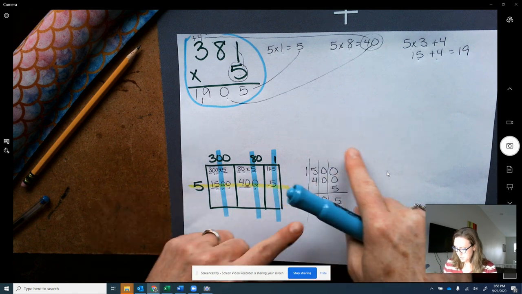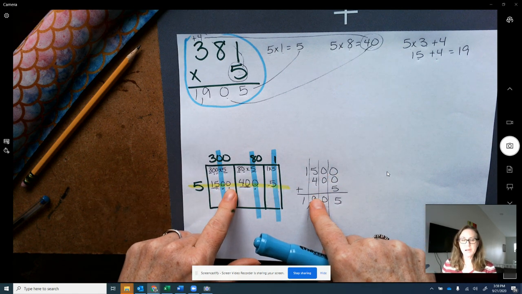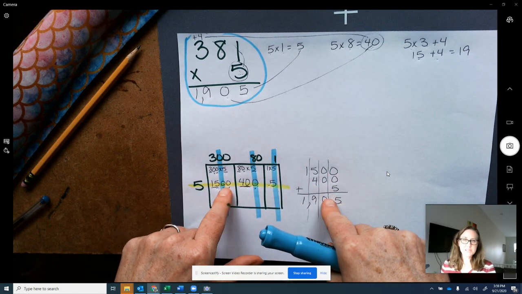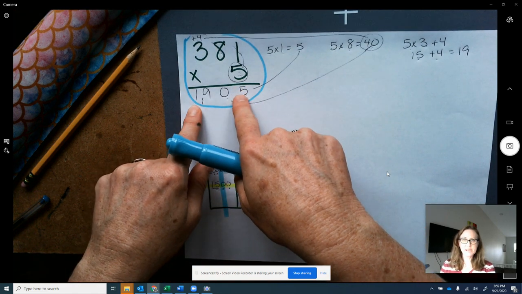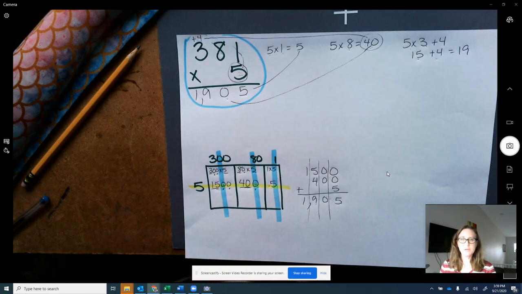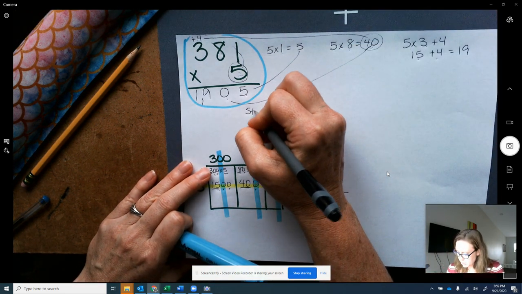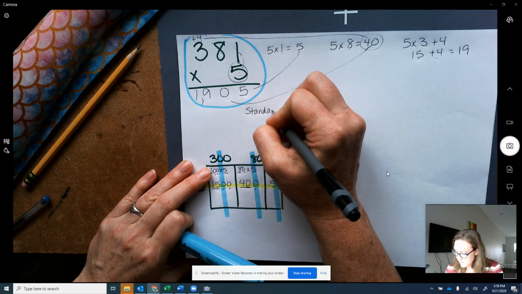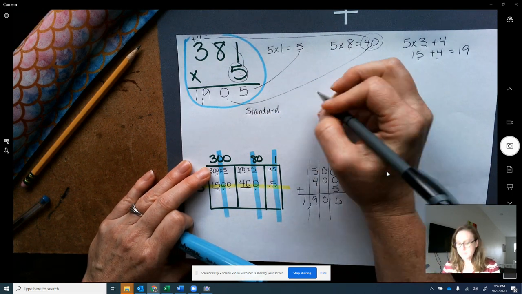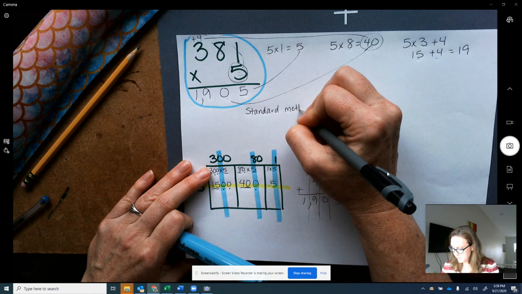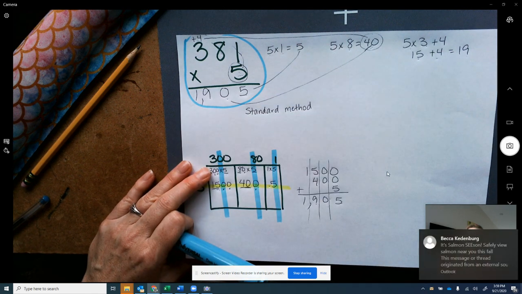There are more times you have to manipulate numbers here. So this way, more mistakes were happening. This way, once you understand how to do it, it was typically giving stronger, more accurate responses. So this is called the standard algorithm, and it's the method that most of your families learned, and that's the method that they're like, that's the one I learned.